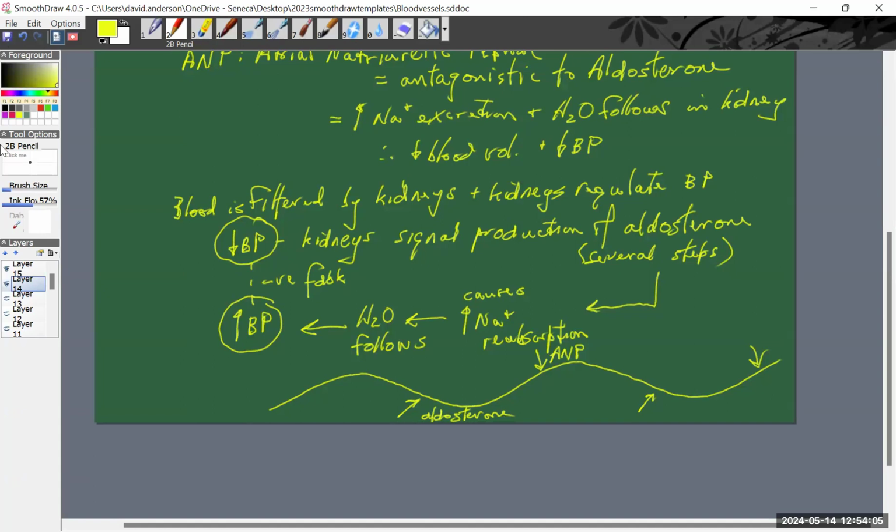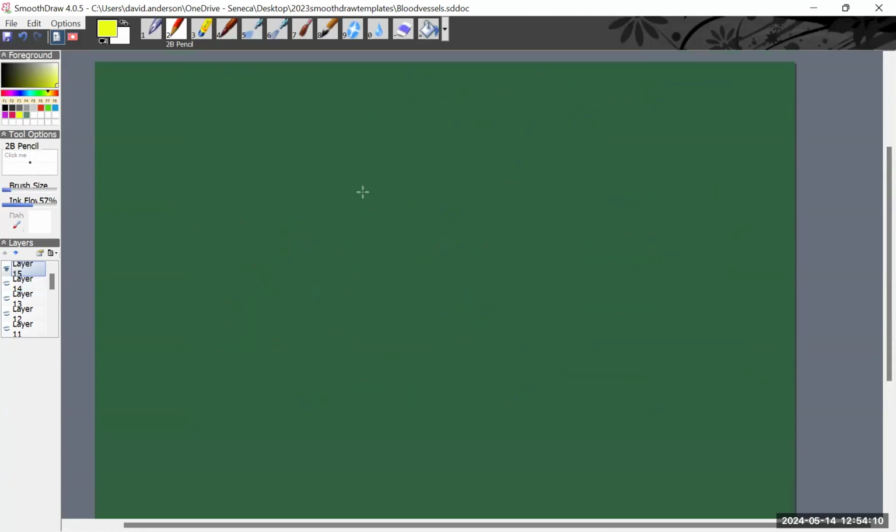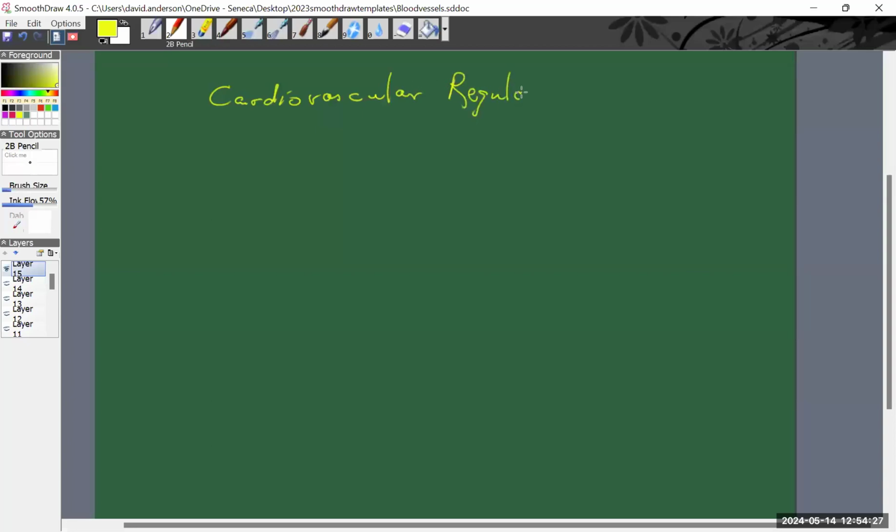Okay, now, how is the cardiovascular system regulated? Can anybody tell me, because you would have talked about this when you did the nervous system, where cardiovascular regulation occurs?